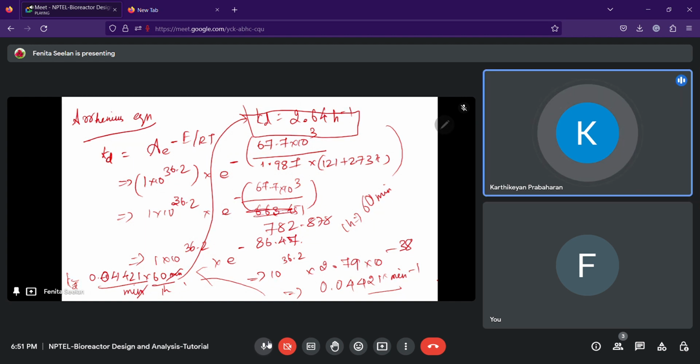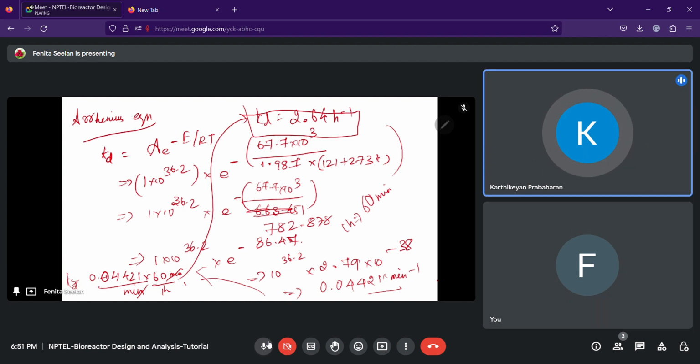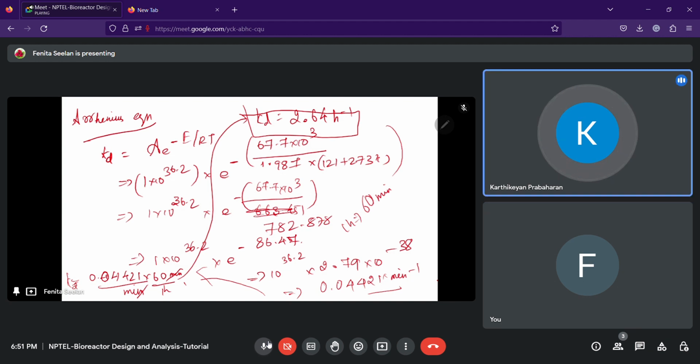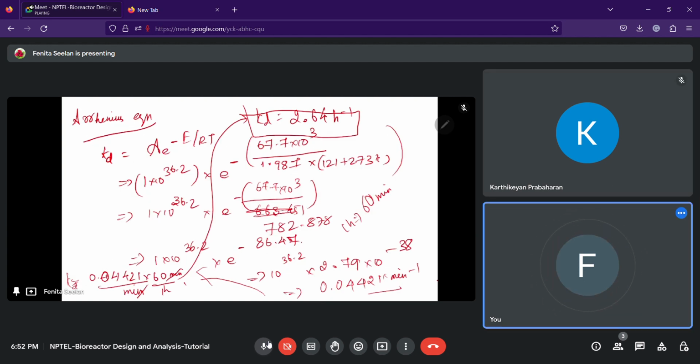Ma'am, one more doubt, ma'am. Whether here we are converting E by RT, right, ma'am? So we take only the value of E. Whether we have to take only the final temperature or we have to separate for 1 by T, 1 minus 1 by T. No, as a whole only you have to take E by RT. It is a whole term. Okay, ma'am.